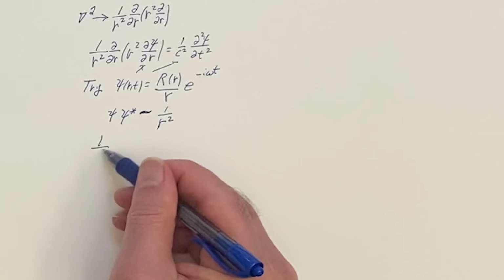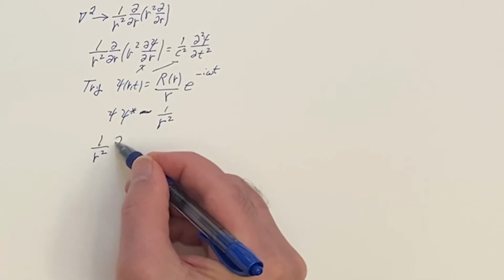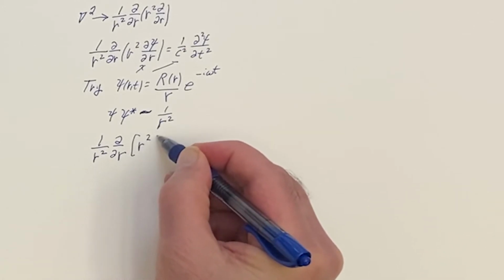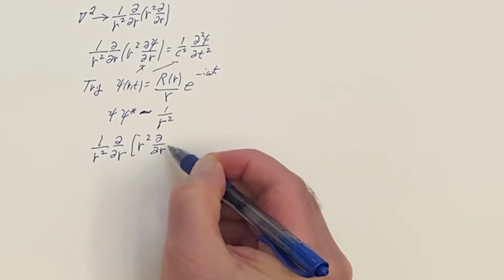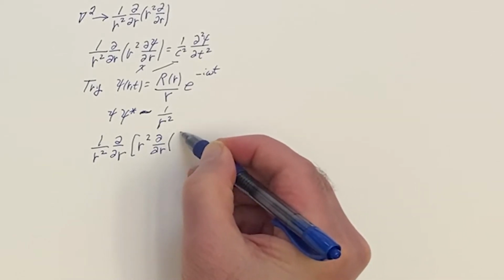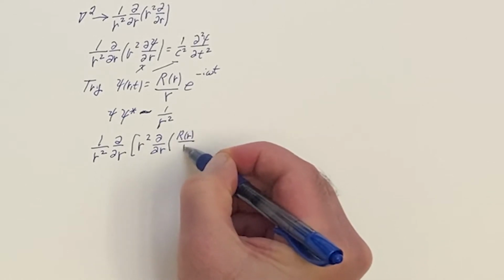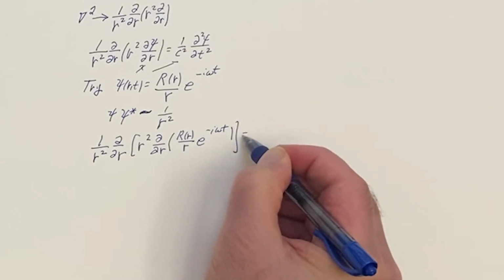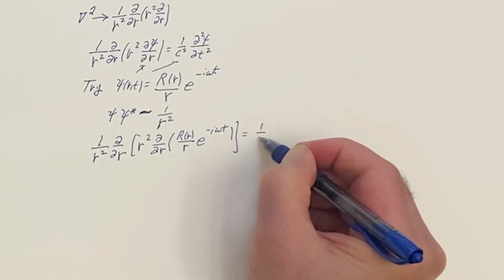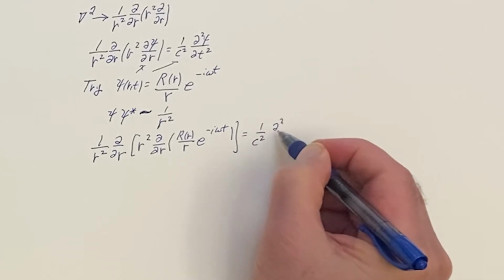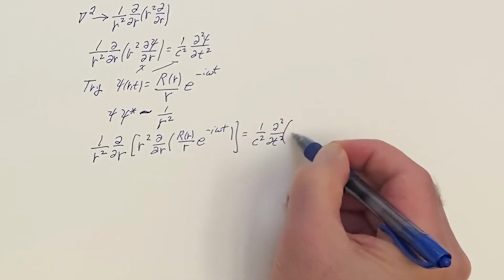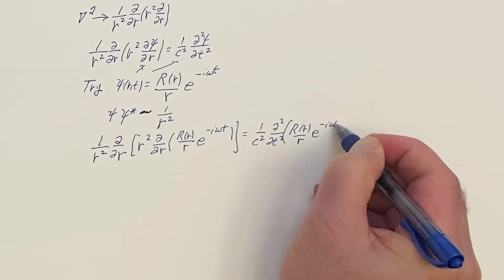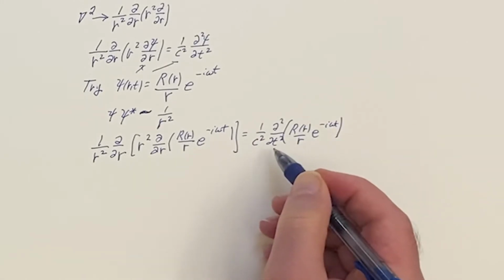Let's do that. 1 over r squared, d dr, we have r squared, d dr, and in here we have capital R of r over r, e to the minus i omega t, equal to 1 over c squared, second derivative of the psi function. Okay, there you have it.